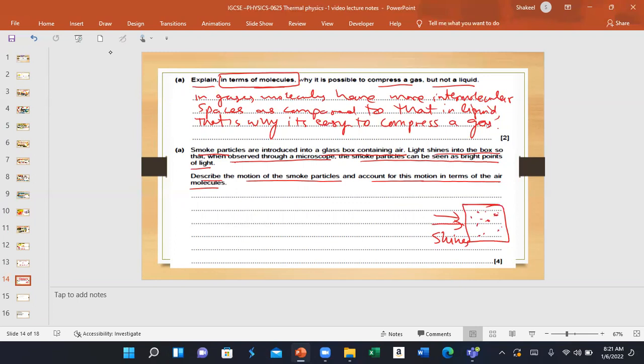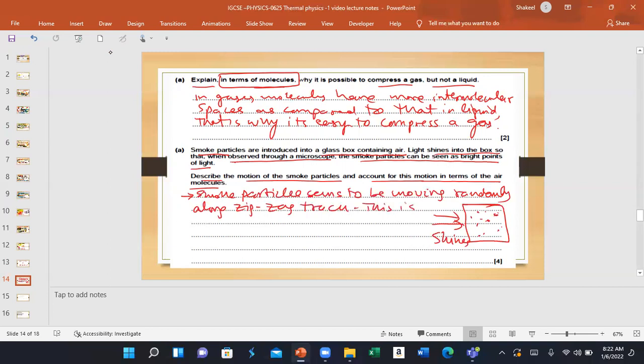So we'll say that smoke particles seem to be moving randomly along zigzag tracks. This is due to their collision with smaller air particles.